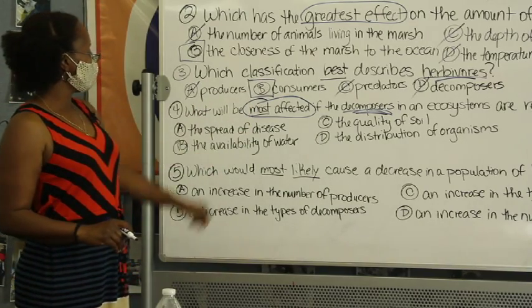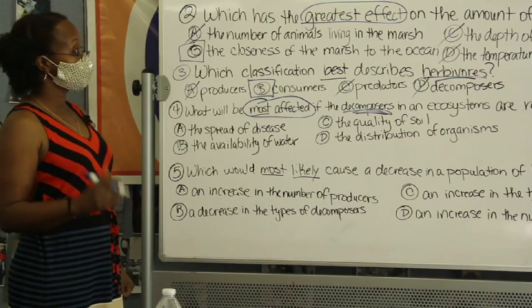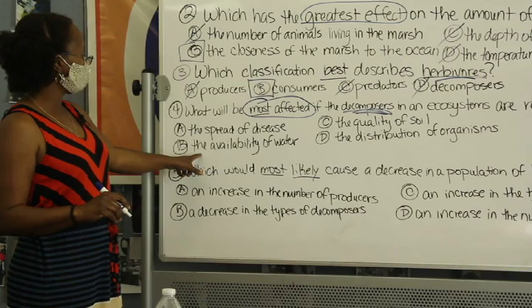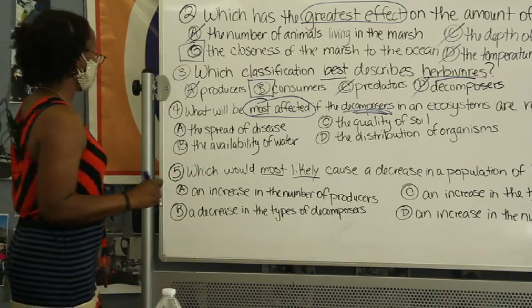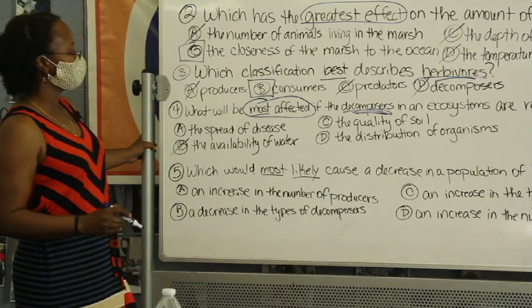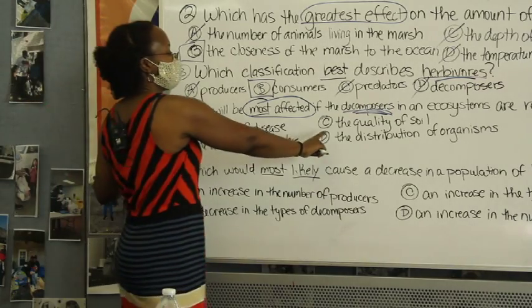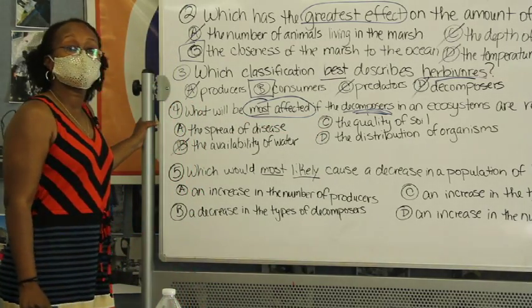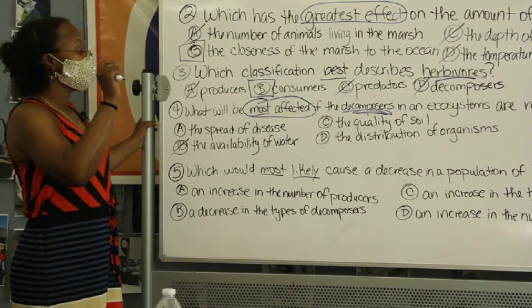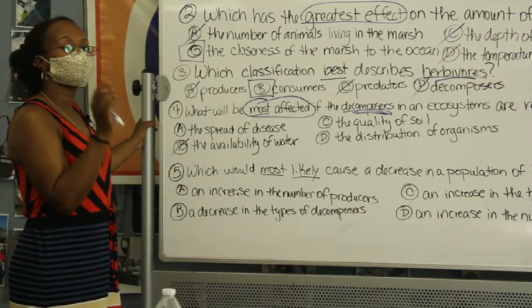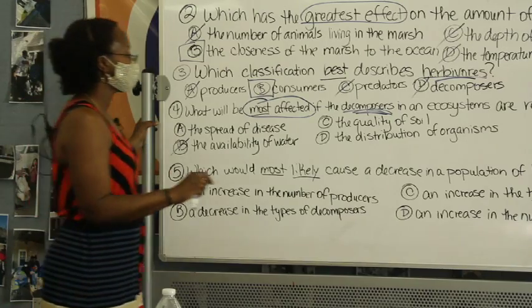The spread of disease. It could be affected, but I don't know about the most affected. The availability of water. That will not be affected by there not being decomposers. C, the quality of the soil. That will definitely be affected because decomposers are in the soil, okay? And they put nutrients into the soil.